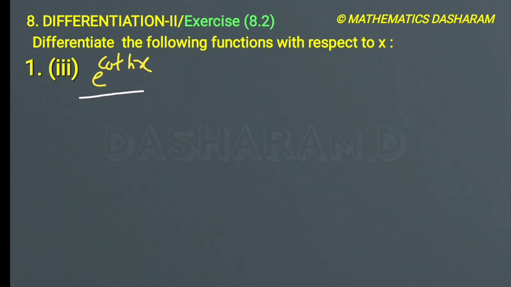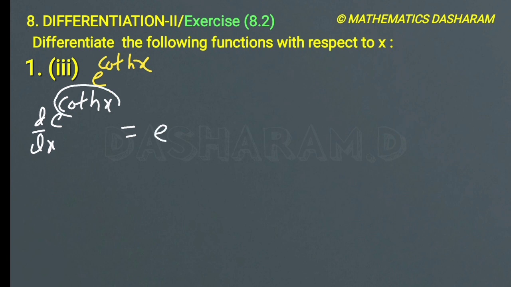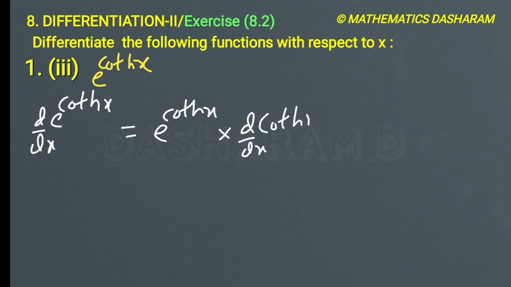Third question, e power coth x. So derivative of e power coth x equal to, first apply the derivative of e power x formula. What is that? e power x itself. Here at the place of x we have coth x, so e power coth x. Now do the derivative of another function, that is coth x.